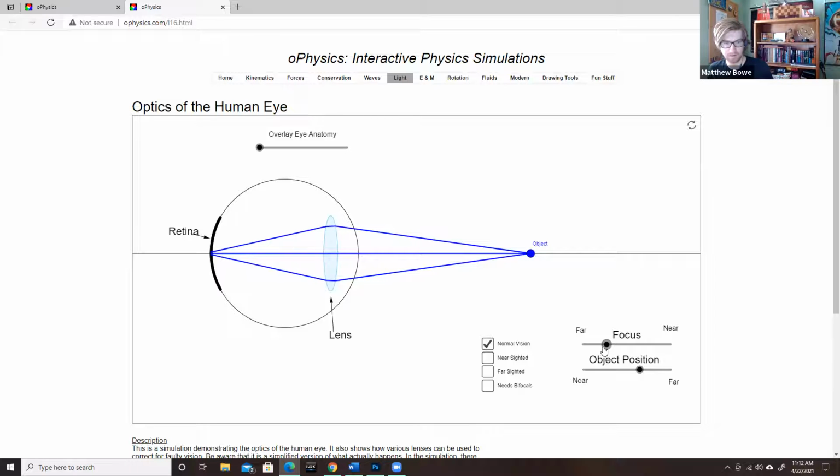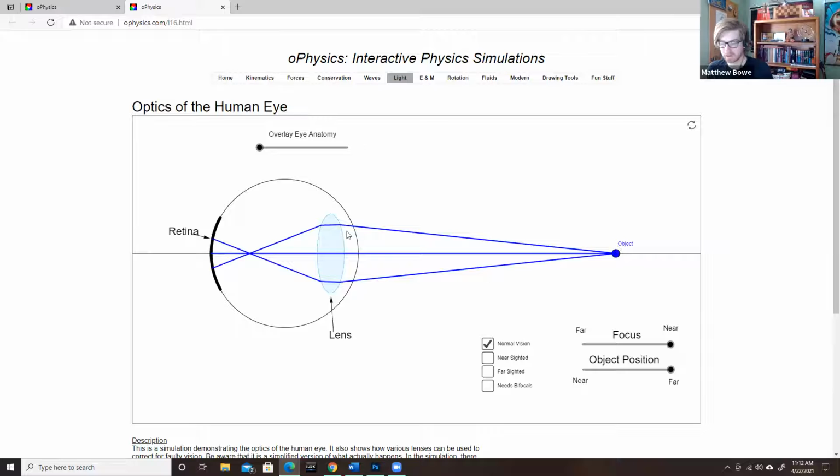So now, let's go back to where it was originally. So this is an object that is out of focus. It comes to a point right here, right in the middle of the eye. So in order for us to see something clearly, that point of light has to strike the back of the retina at a single point.